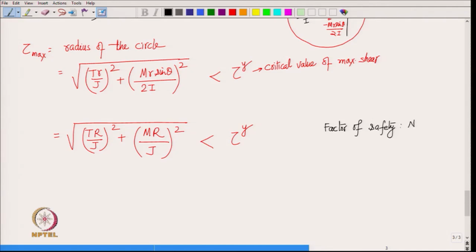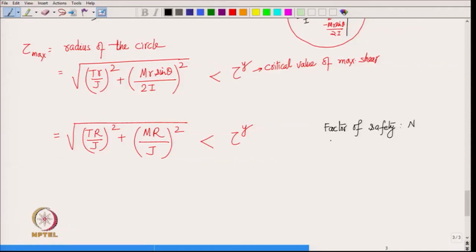So, that means, if the body actually fails at some torque T star and we want a factor of safety n, then the operational load in the beam should be T star by n, okay, or the critical value of torque at which the beam is going to fail is actually the operational load multiplied by n.